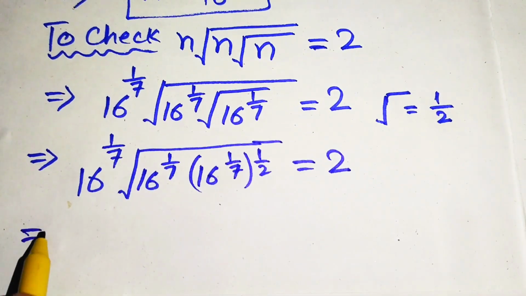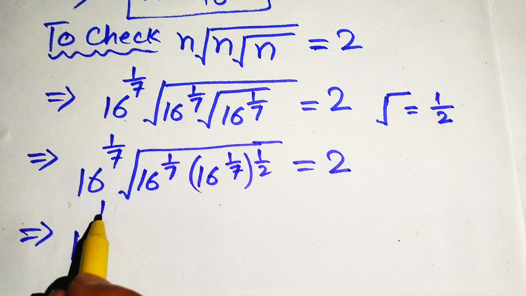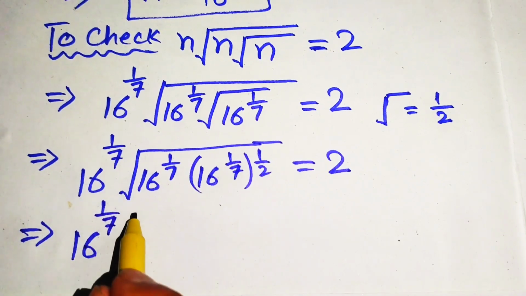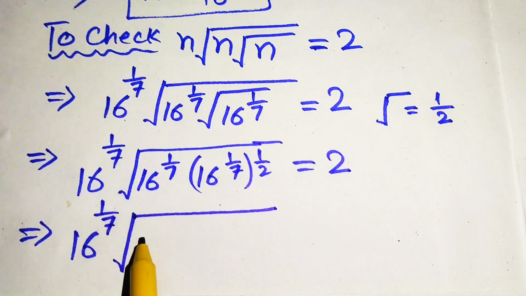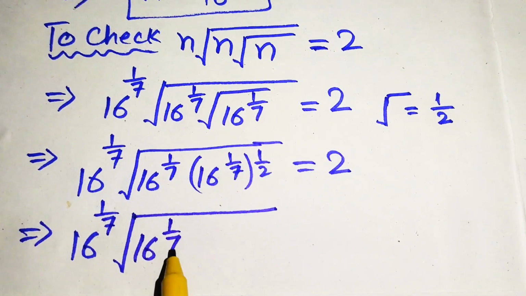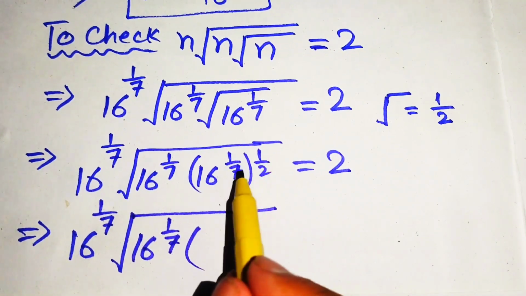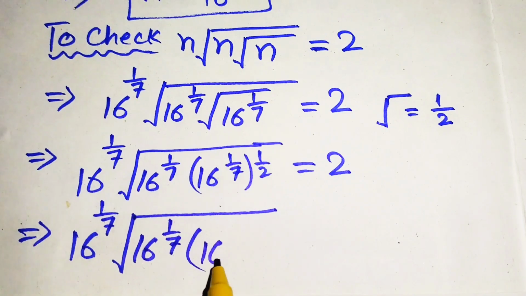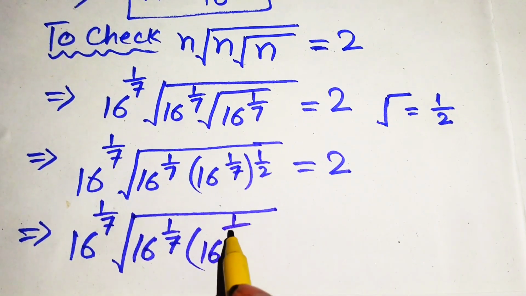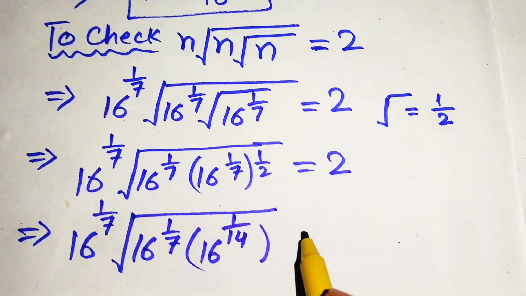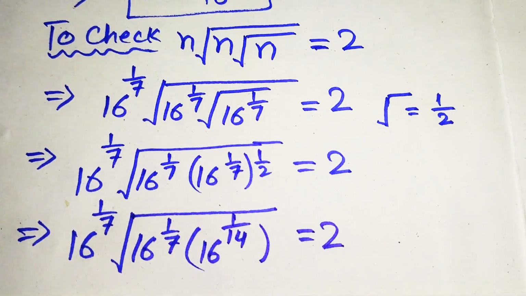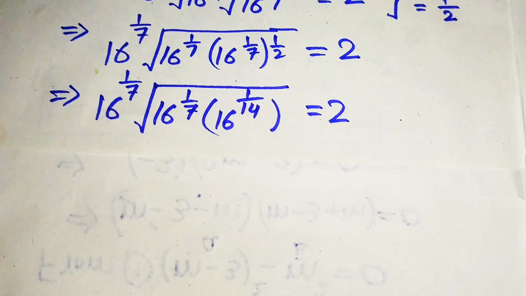So here we use the exponential law and we get 16 to the power of 1 over 7 into 16 to the power of 1 over 7. Using the exponential law, we multiply these two exponents and we get 16 to the power of 1 over 14, and this whole equals 2.